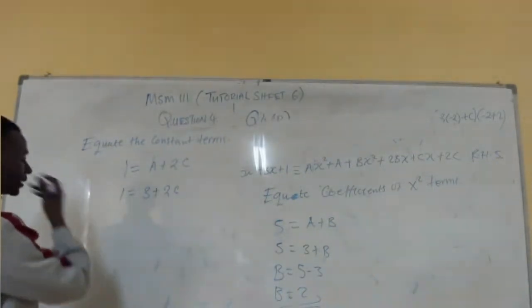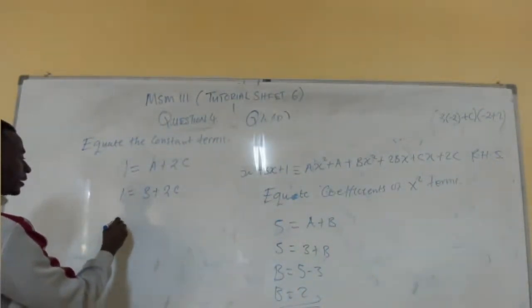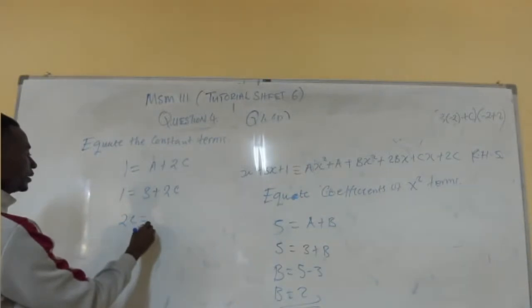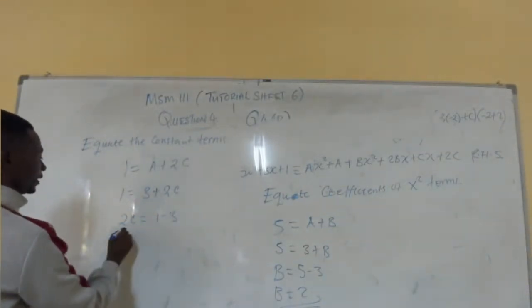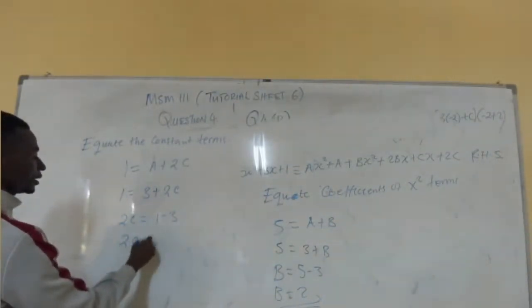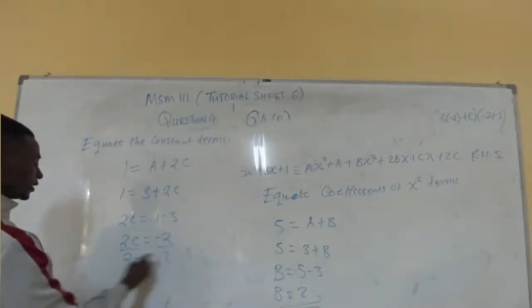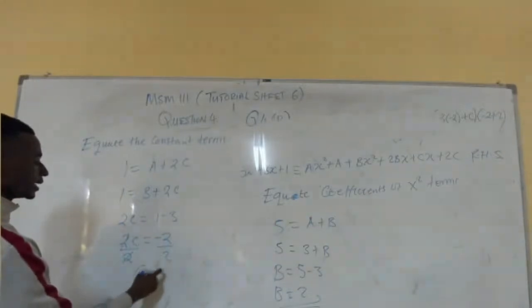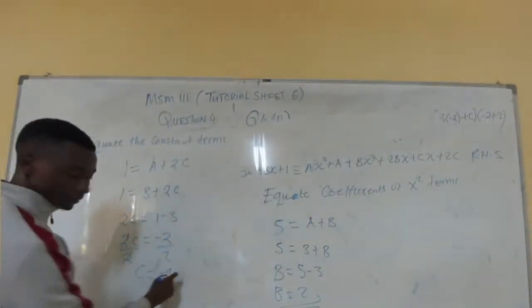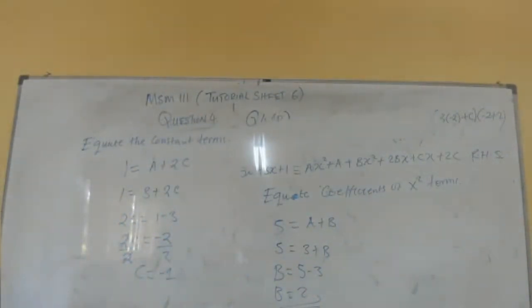So 2c equals 1 minus 3, which is negative 2. Then you divide by 2, so c is equal to negative 1. So that's the value of c.